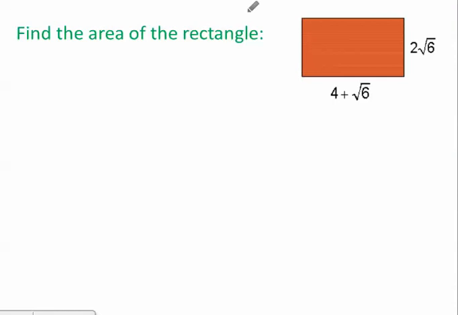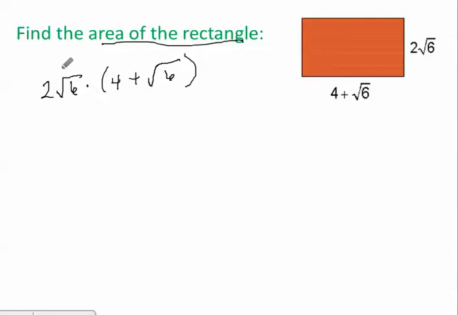Okay? Area of a rectangle. Another one that we're doing. So we've got 2 square roots of 6 times 4 plus the square root of 6. Well, this looks familiar. Couldn't we just use the distributive property and multiply them together? Yeah, we can. So this becomes 8 square roots of 6.